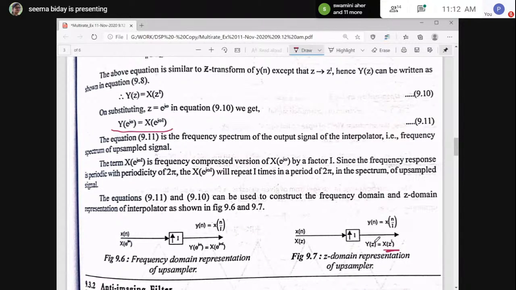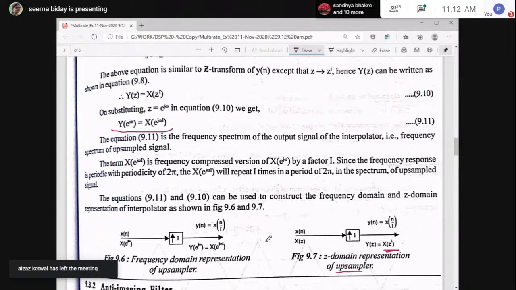So you should know this: after the interpolator, what happens in the z domain or in the frequency domain. It is useful in case of MCQ as well as in theory. Frequency domain analysis of the decimator as well as the interpolator. This is about the upsampler. In the downsampler, it is z divided by D.